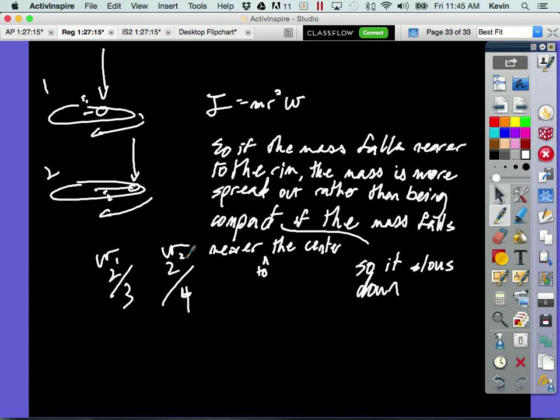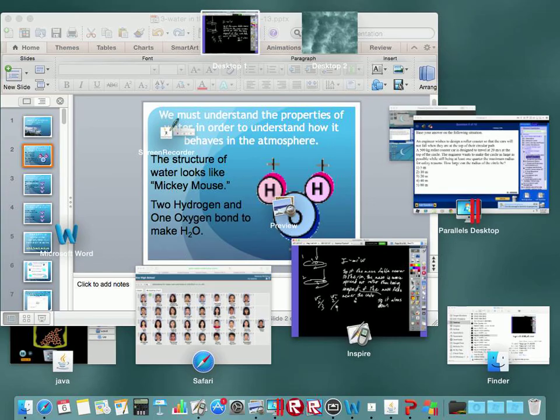So omega is smaller for this, and that's how fast you're rotating it. This one falls, so this one is slower, right? Okay, well, that's fine. That's your final answer.